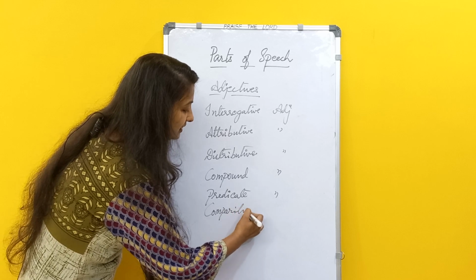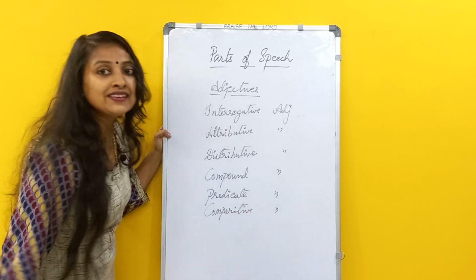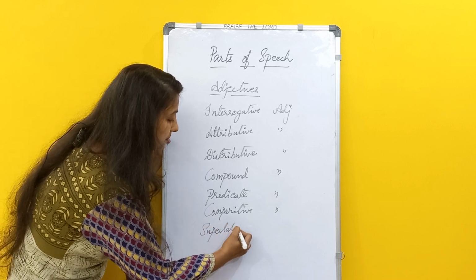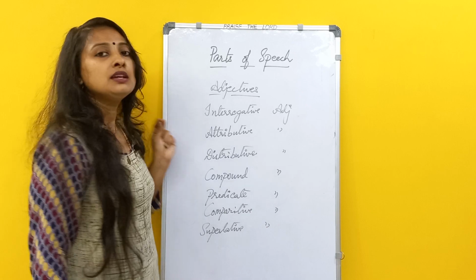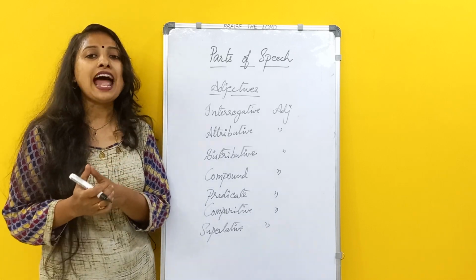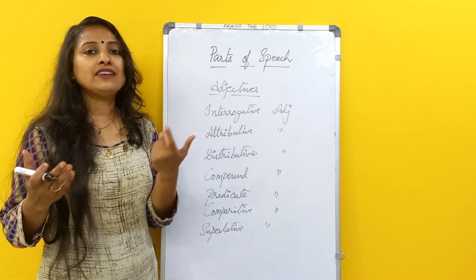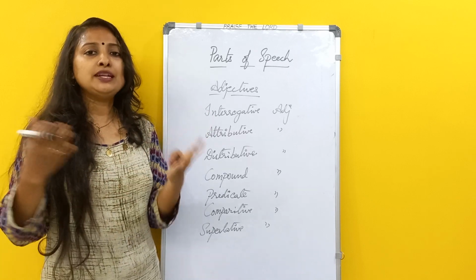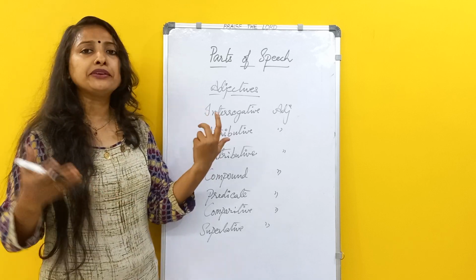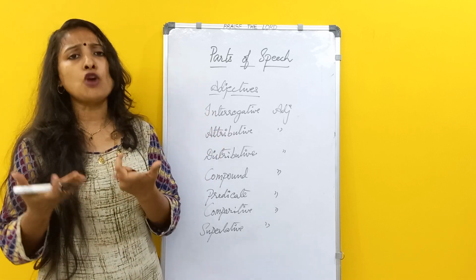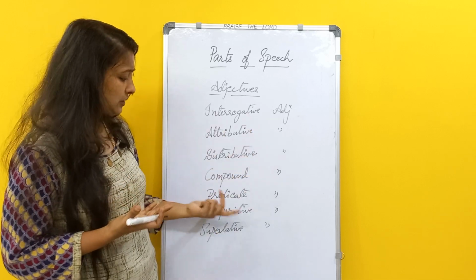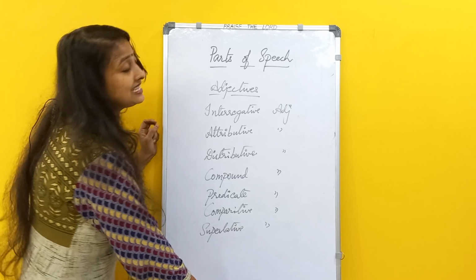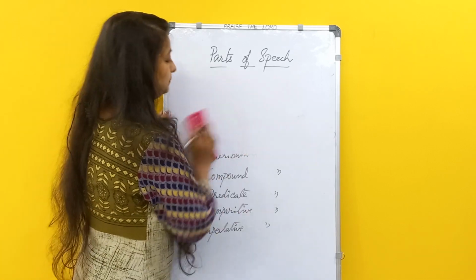Comparative adjectives and superlative adjectives. Okay, so these are the different kinds of adjectives. Like we have seen possessive, proper, interrogative, descriptive, demonstrative, limiting, attributive. Okay, next coming to compound. Next, what else? Predicate, comparative, superlative. All these are different kinds of adjectives.